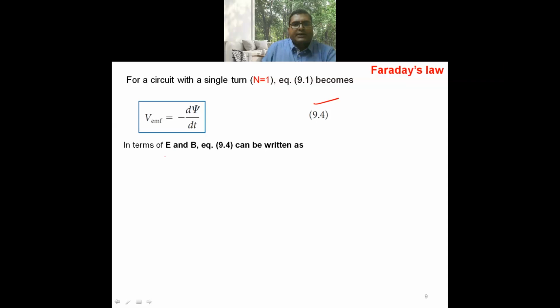And in terms of E and B, 9.4 can be written as VEMF is equal to closed line integral of E dot dl. It is equal to minus d by dt of open surface integral of B dot ds. Here E is the time varying electric field.